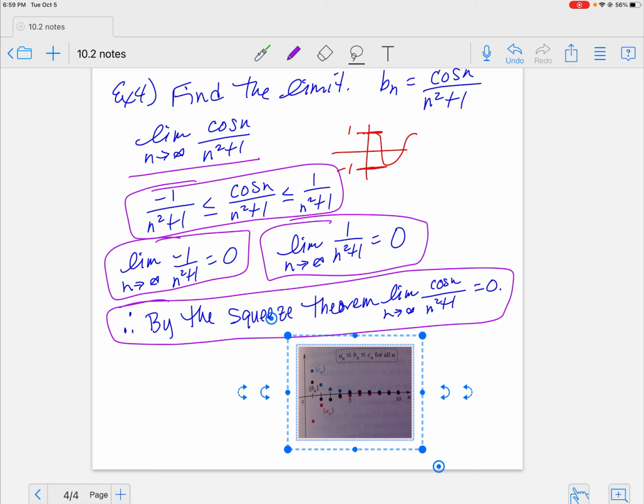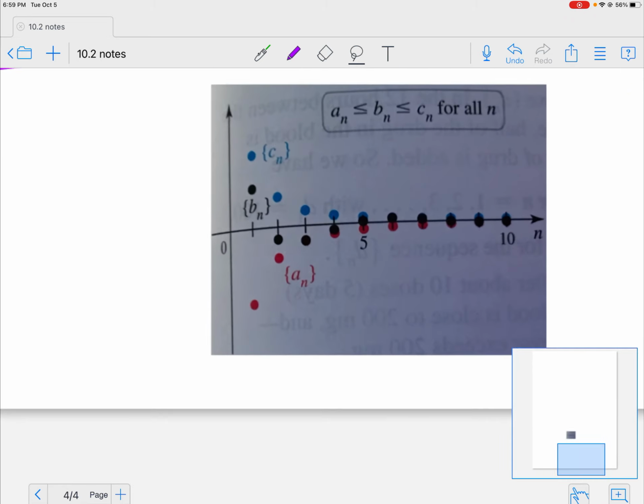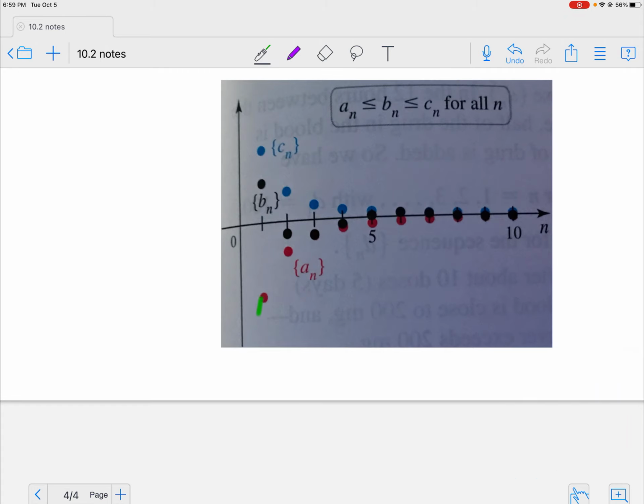And look at the graph that goes with this. Red is A sub n, it's coming in. Blue is, pardon me, C. And B is what squiggles right in between. It's much easier to look at this one and this one, and so B has to squiggle in between there and also go to 0.